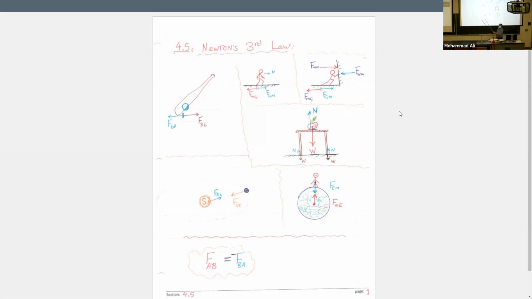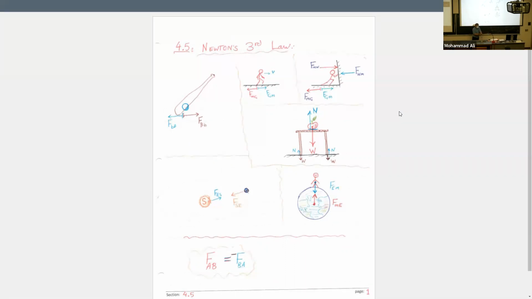If we have an active force between two bodies, then there is an interaction, or action and reaction, between them. For example, if you have a bat hitting a ball, then there is a force acting from the bat on the ball. Capital B for the bat, lowercase b for the ball. Then also we have a reaction from the ball on the bat.